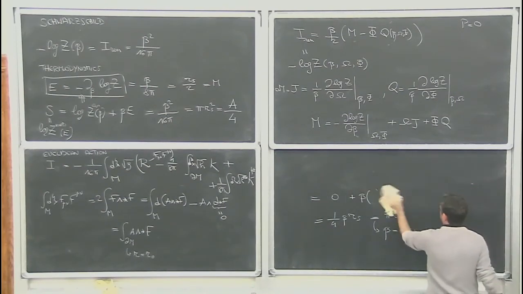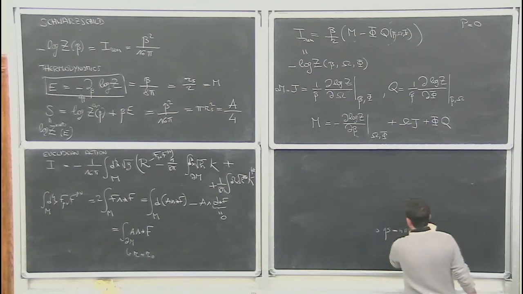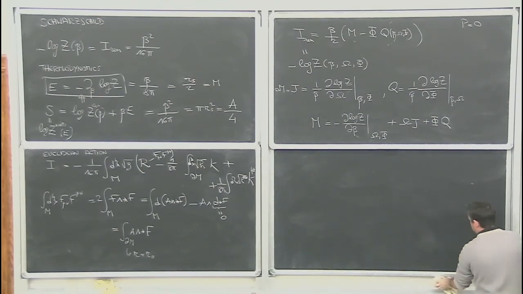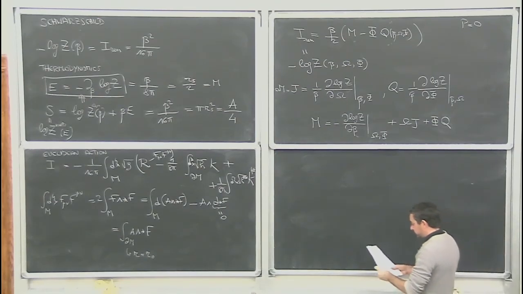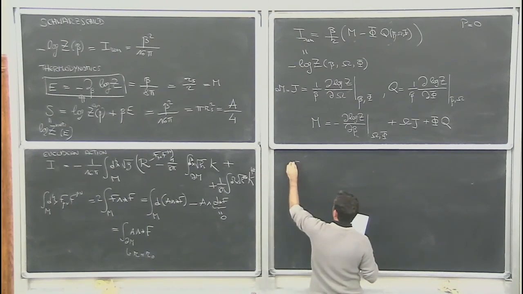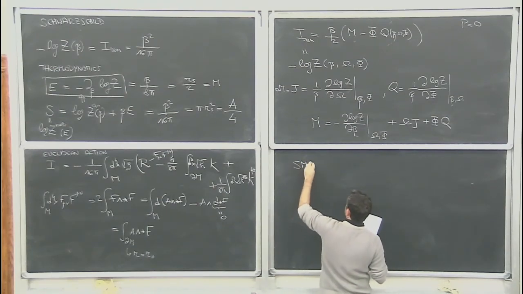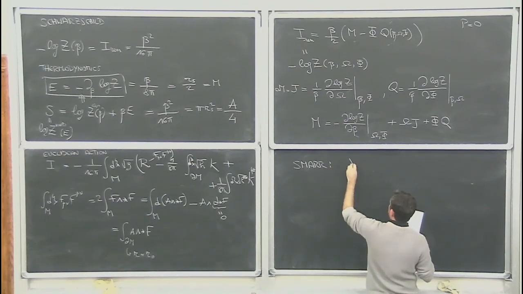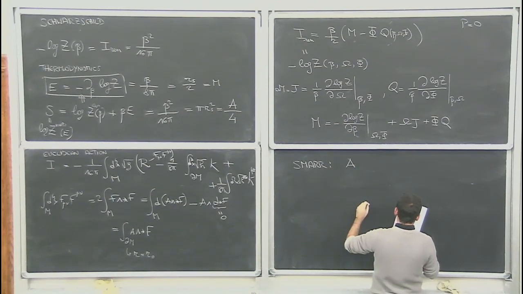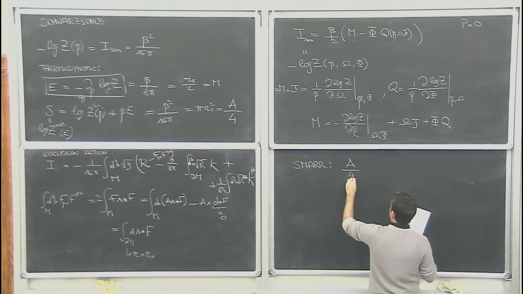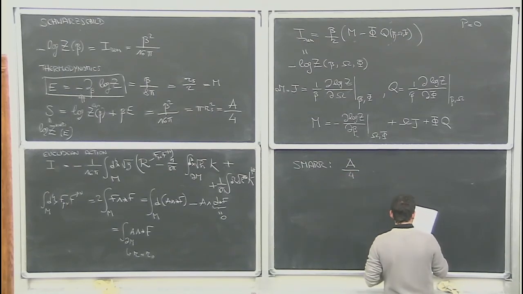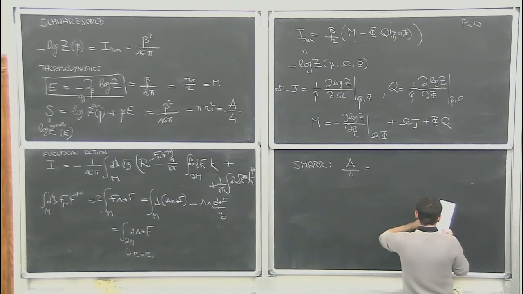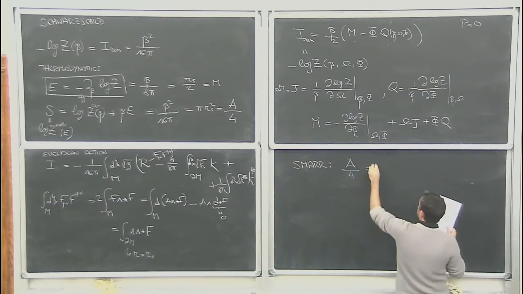So let's see what we can do after having checked the relations, the charges are correct. We can recall the Smarr relation, the generalized Smarr relation. We saw that long ago, that the area over 4 is beta.